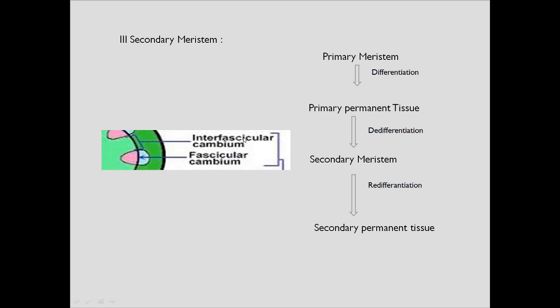Both the inter and intrafascicular cambium are responsible for the formation of secondary growth, with the help of the vascular bundle, to increase the girth of the plant body.